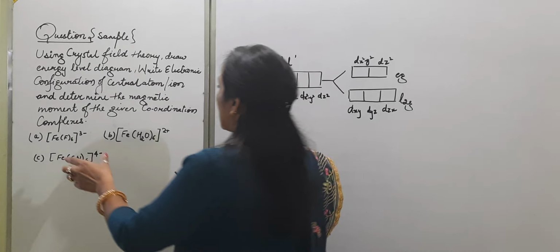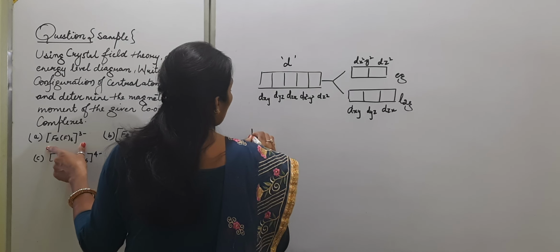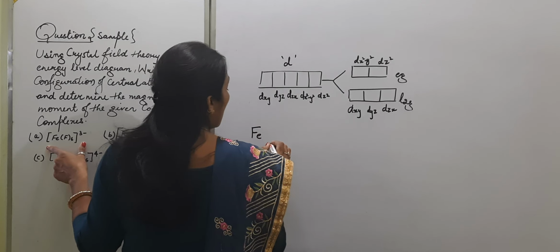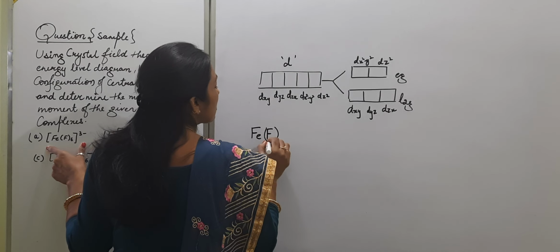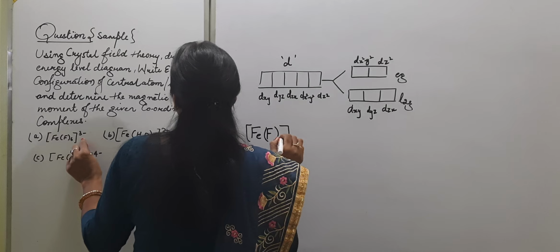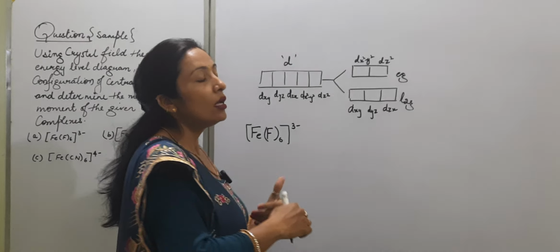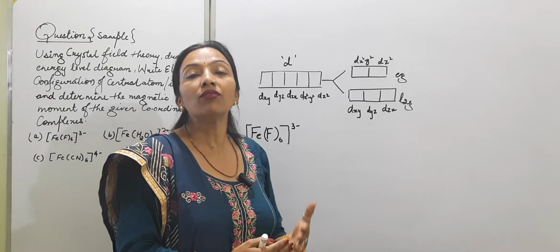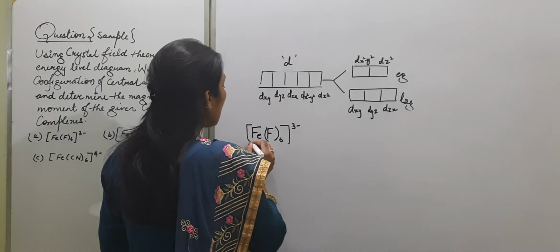Now if we take the first coordination complex, what is the first coordination complex? That is iron Fe having 6 atoms of fluorine and it has a 3 negative charge, meaning this coordination complex is an anion, having a negative charge on it.